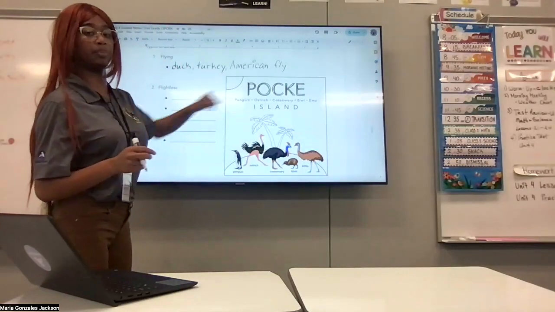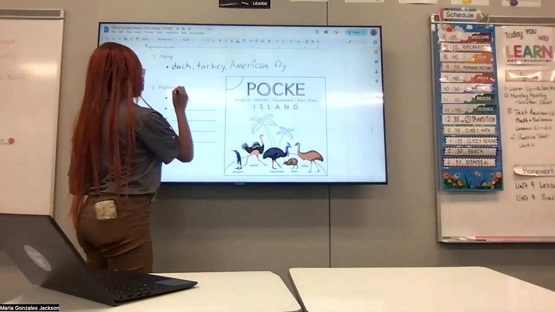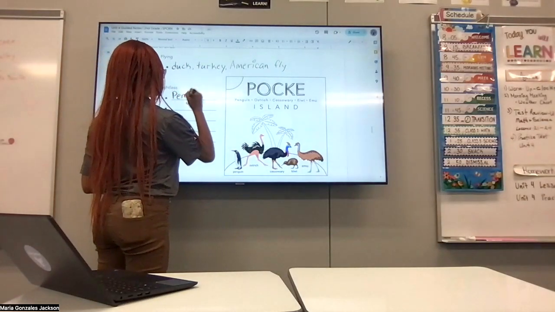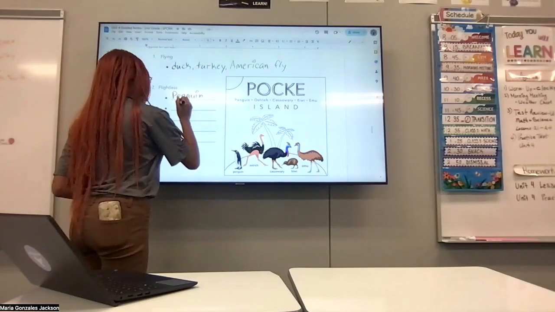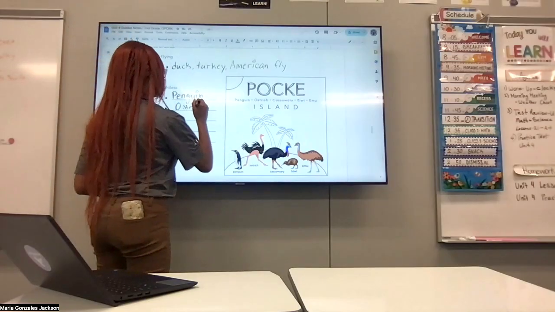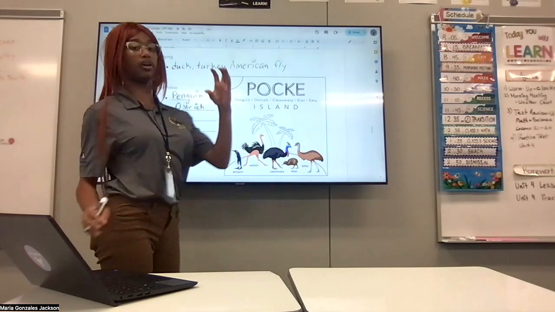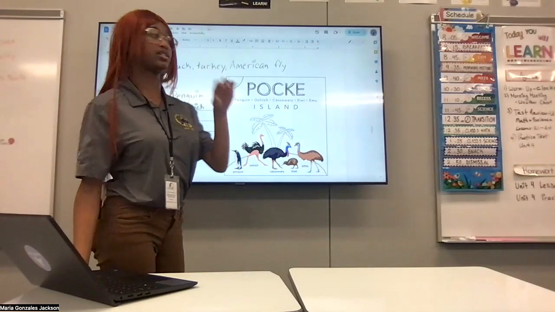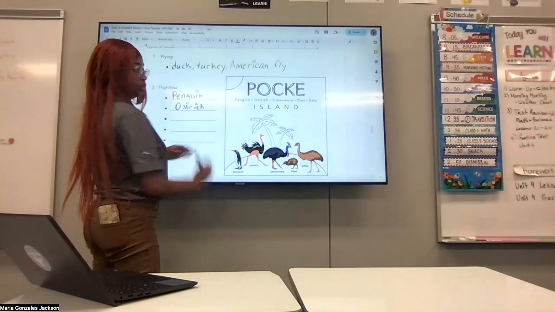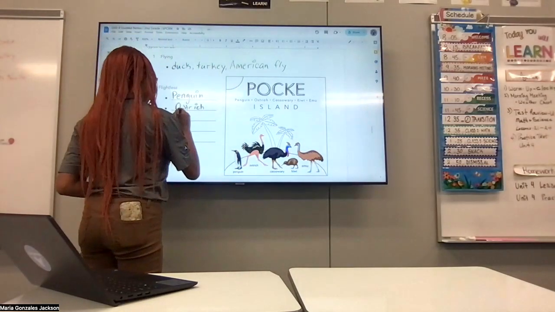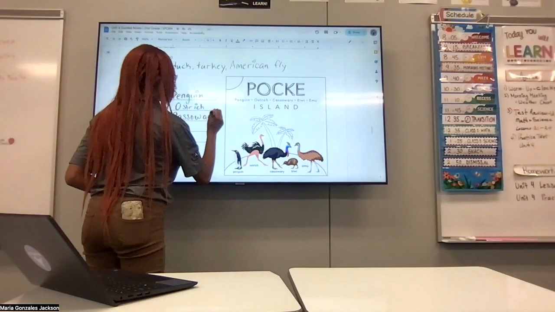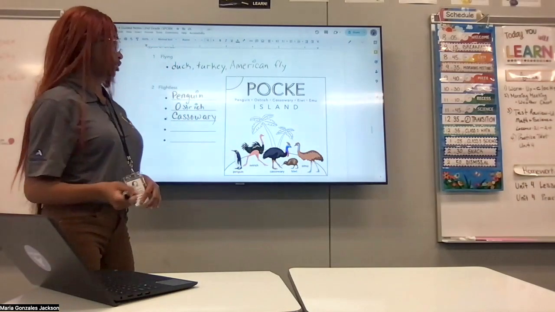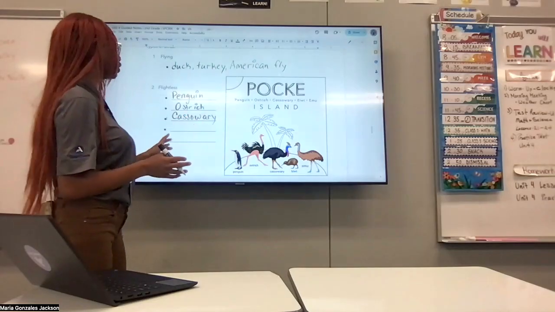So let's see, what does the P stand for? The P is for my first bird, my penguin, who could not fly. Next is O for ostrich, that's right. Next is C for cassowary, which is the most dangerous bird on the planet. And it's actually very closely related to dinosaurs. It's almost like a prehistoric bird. It's very cool.